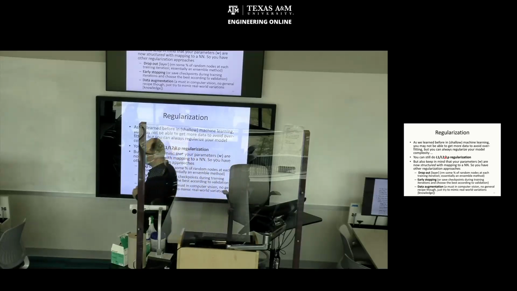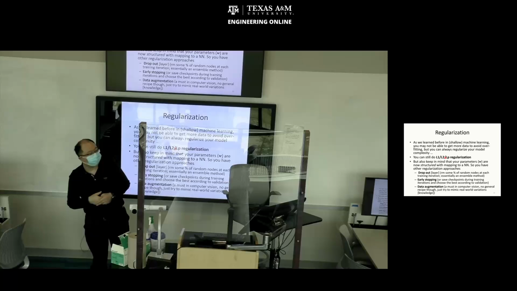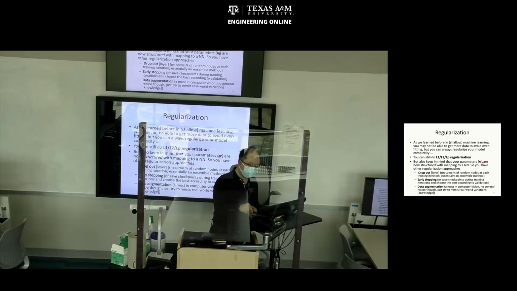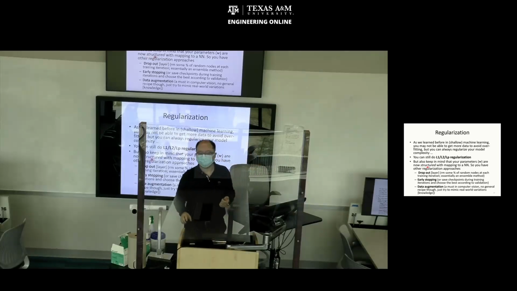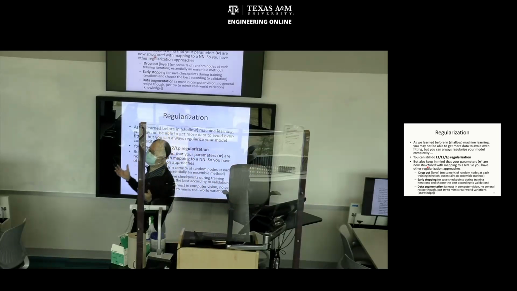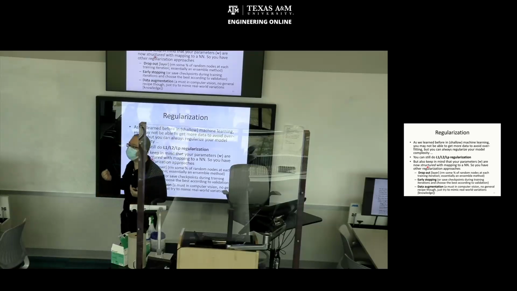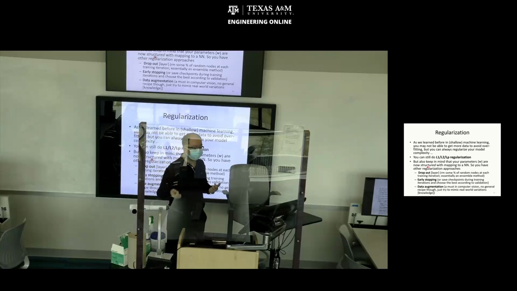But you can do more than that. Why? Because your parameters W are now structured. You have some W's belonging to the first hidden layer, some parameters belonging to the second hidden layer, and so on.